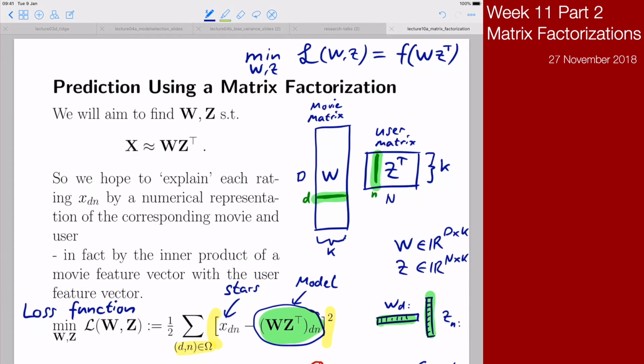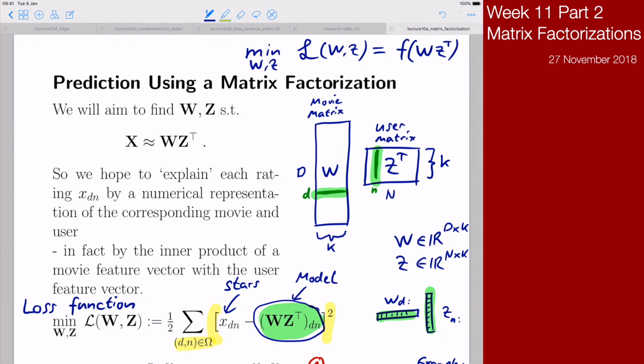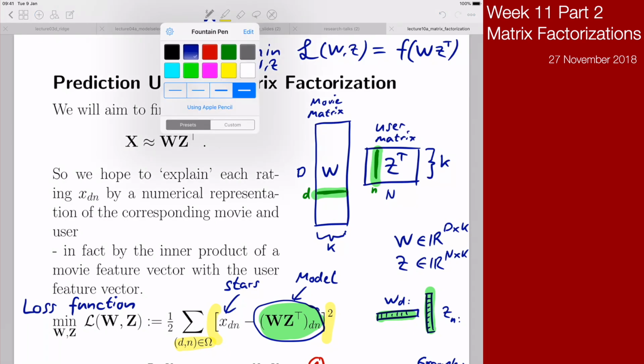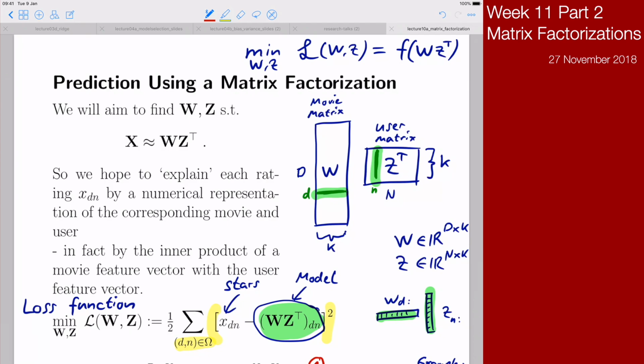So again, matrix factorizations are all the problems which are of this form. An interesting special case is when you have all the entries, so there's nothing unobserved. So omega is all entries. That's just a special case.